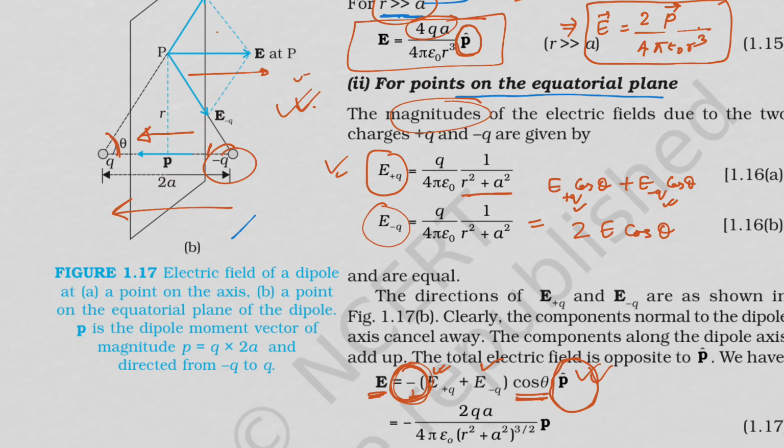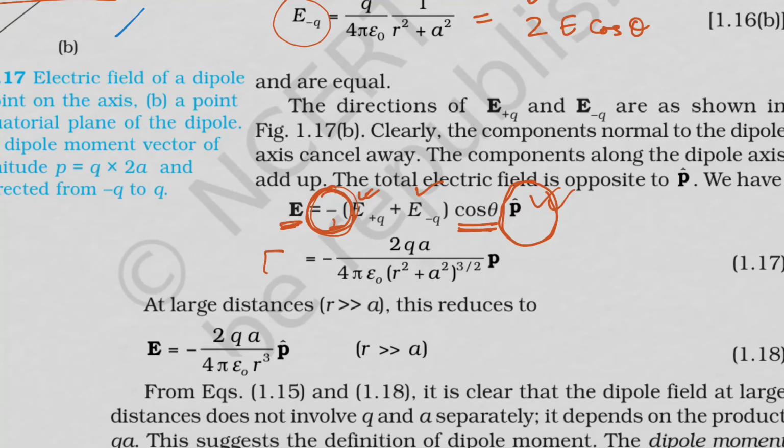opposite of the dipole moment, and our total electric field becomes 2aQ divided by 4 pi epsilon naught, and again r square plus a square to the power 3 by 2.